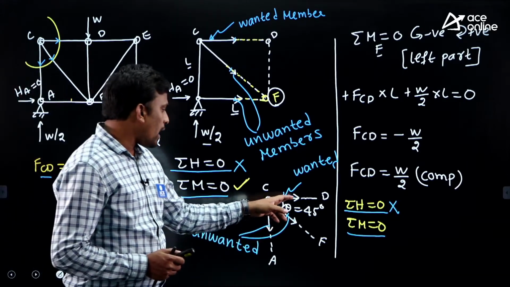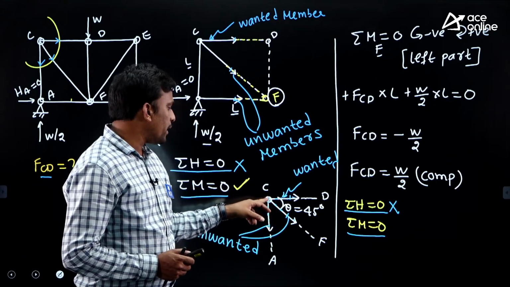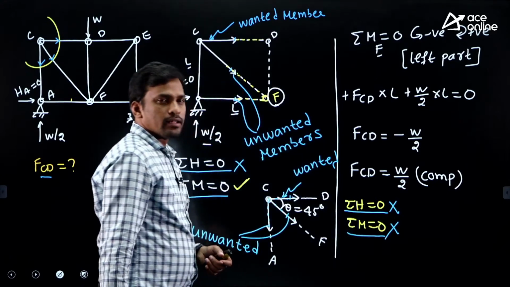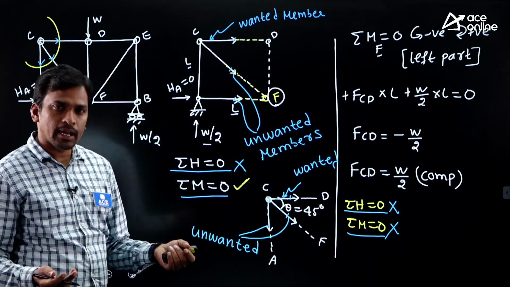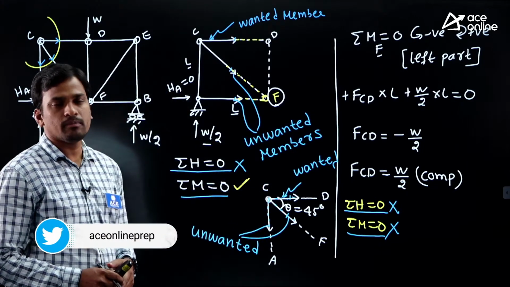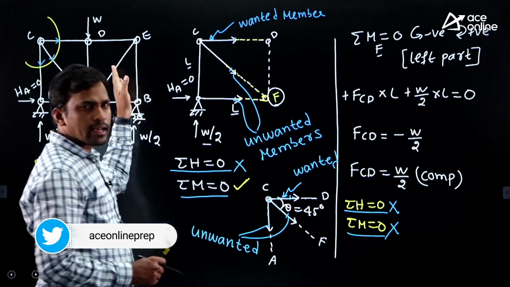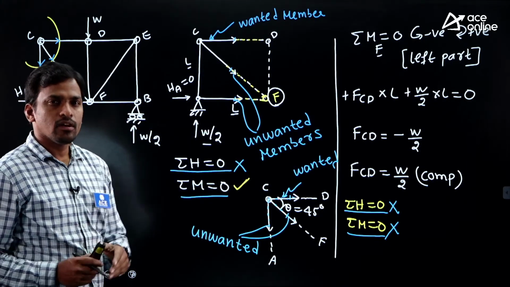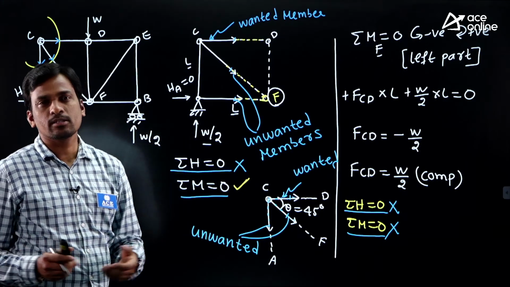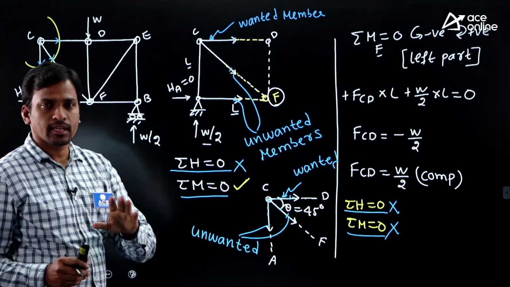So here the lines of action of all the cut members meet at joint C, so sigma M is also not possible. Sigma H not possible, sigma M not possible. It means this cut is not possible. We have to try another cut, that is the vertical cut, which we already tried. Students, for the same member, more than one section is also possible, and you will get the same answer for a few questions. Is it clear, everyone?